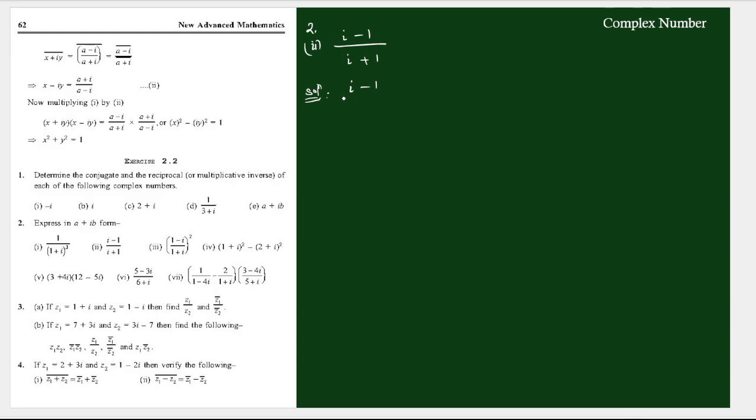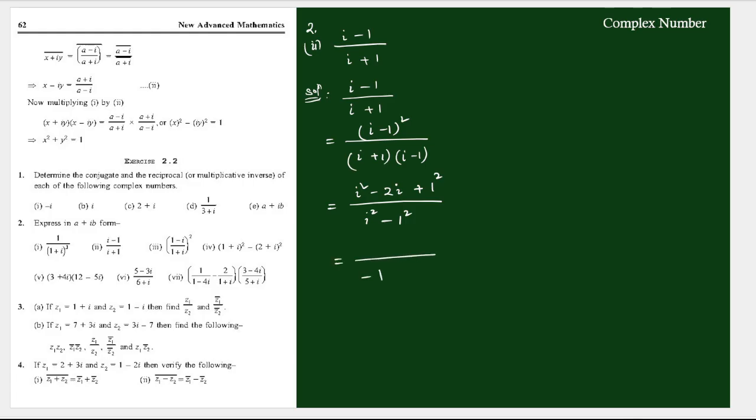So (i minus 1) by (i plus 1) is equal to (i minus 1) into (i minus 1) over (i plus 1) into (i minus 1). Up will be (i minus 1) whole square, so (a minus b) whole square formula. Below will be a square minus b square. So i square minus 2i plus 1 square.